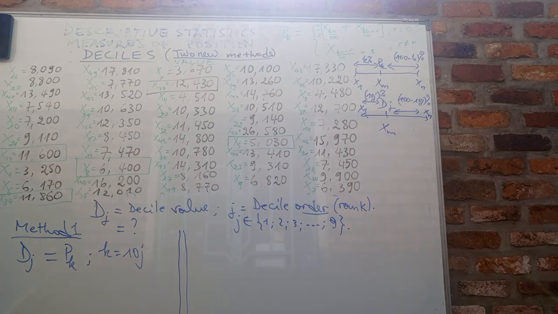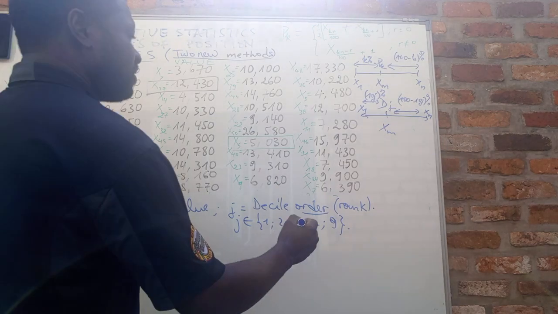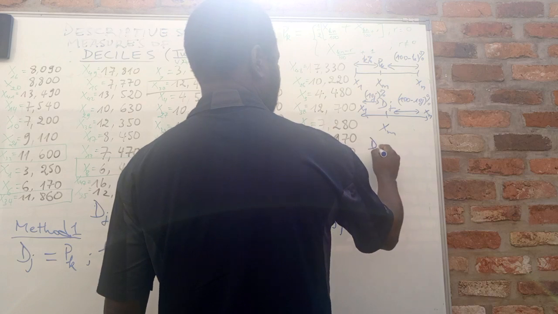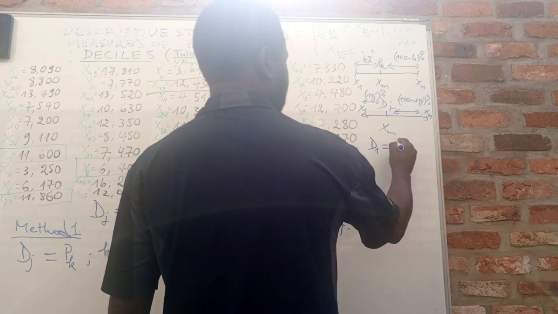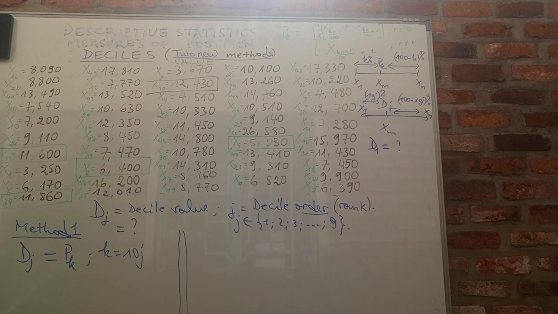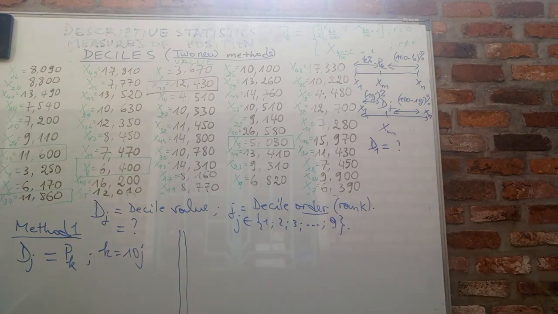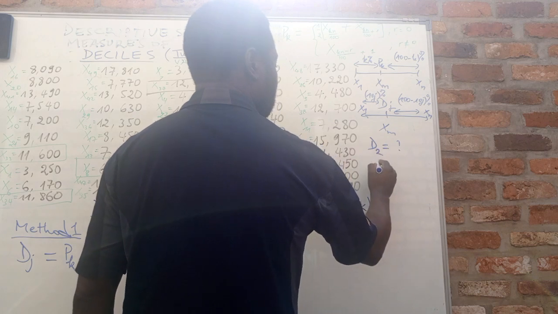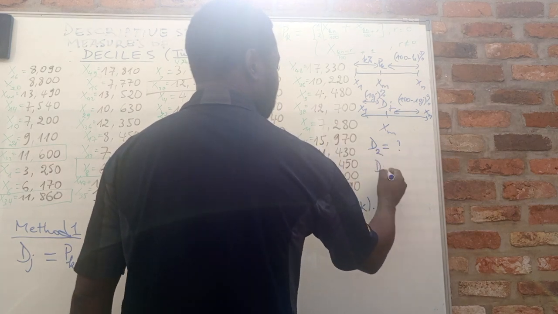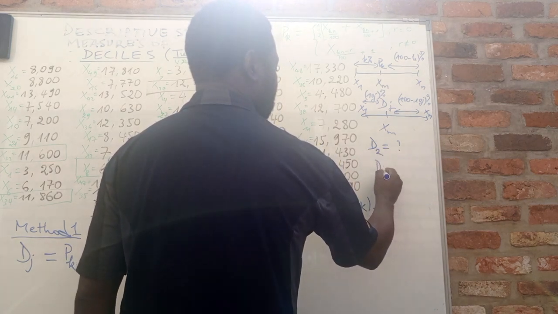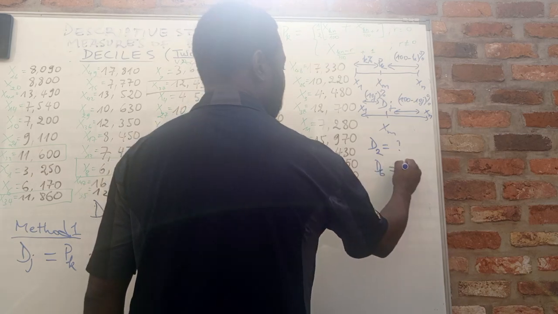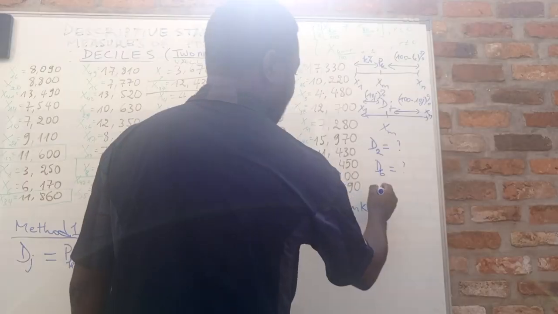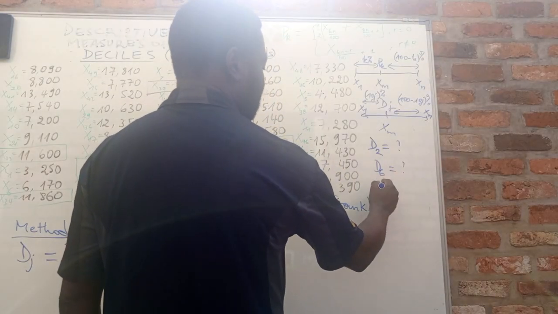So for example, let us look for the decile of order 1, maybe for order 2. Let us take order 2, and order 6, for example. Of course, it's done the same way.